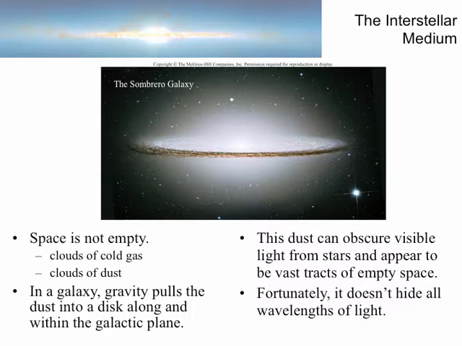So this picture here shows you the Sombrero Galaxy, and we happen to be looking at it edge on. Okay, so perhaps if we were to look at the Milky Way, it might look something similar to this if we could step outside the Milky Way and look towards the center with us looking towards the edge.